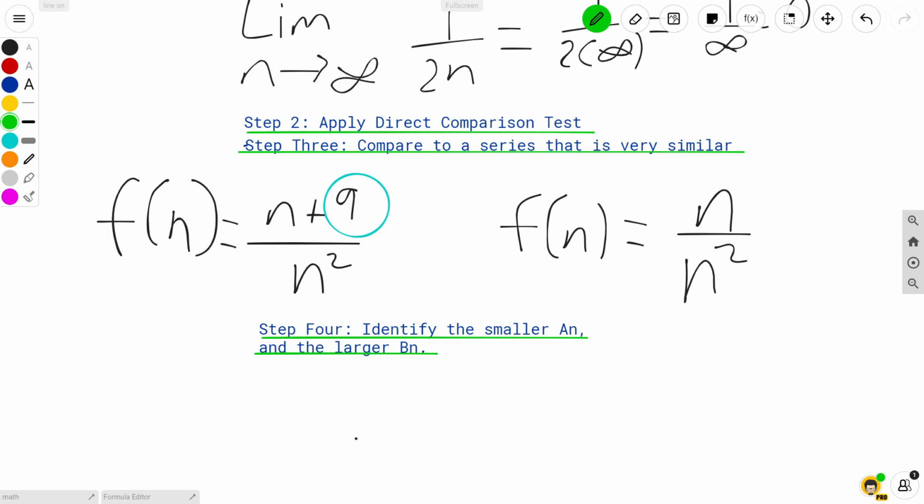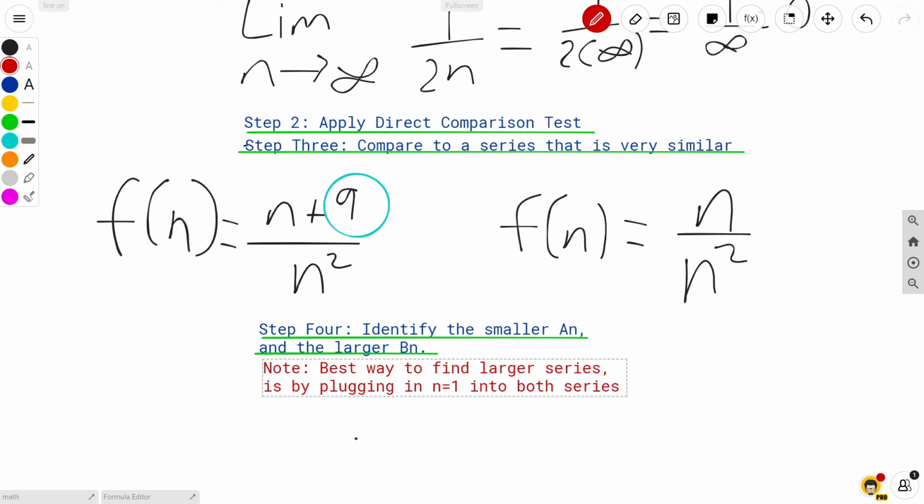So in this case, the best way to go about this, and I'll leave a note right here, the best way to find a larger series is just to plug in n equals 1 into your series. And whichever one is larger is your larger series. So I'll just leave that note.